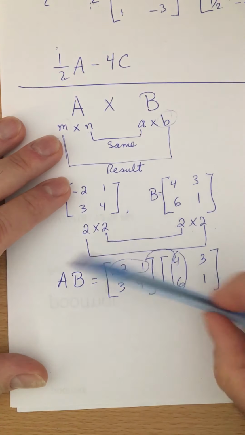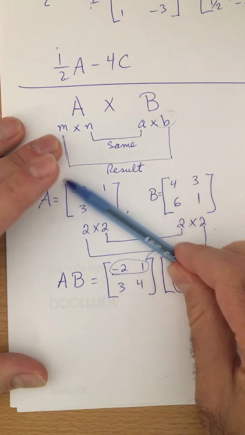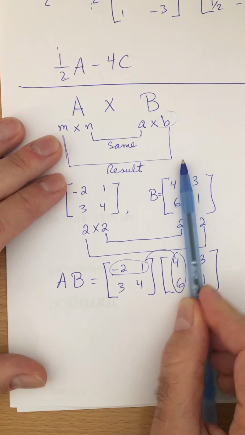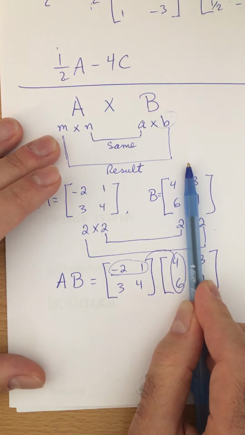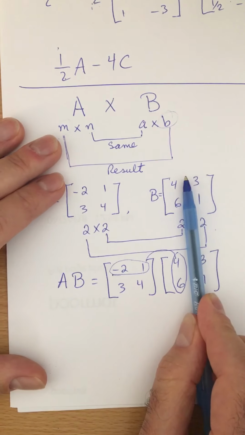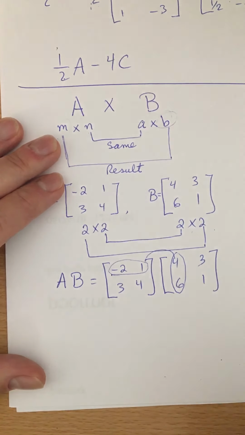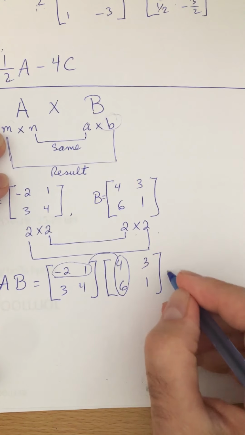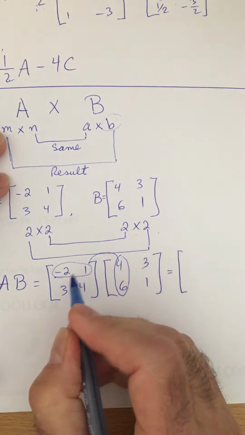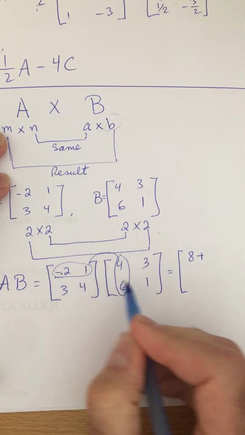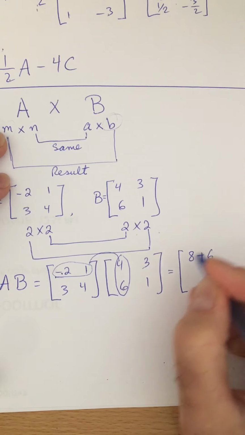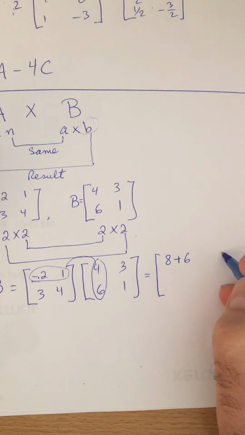Imagine taking this row that is horizontal and putting it right next to this column that is vertical, and then multiplying the numbers and then adding them. So you will get -2 times 4, which is 8, plus 1 times 6. So that's your first entry of the new matrix.